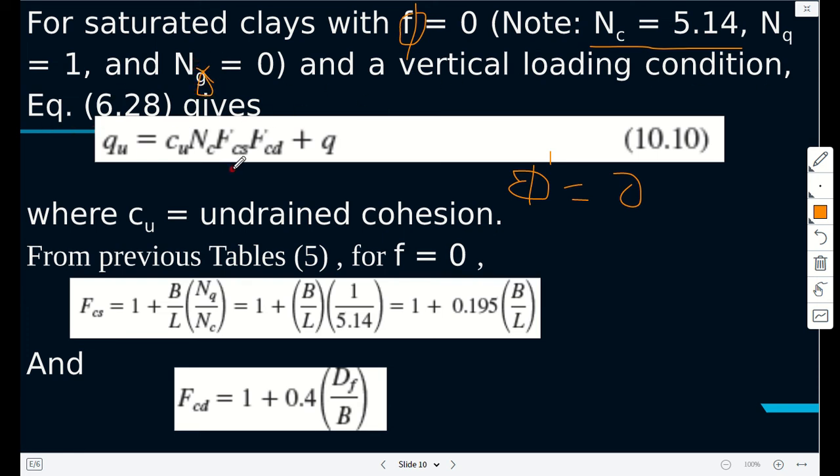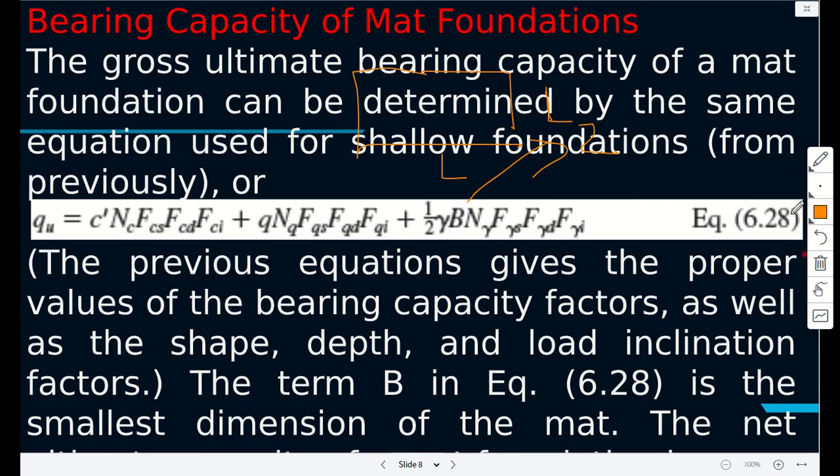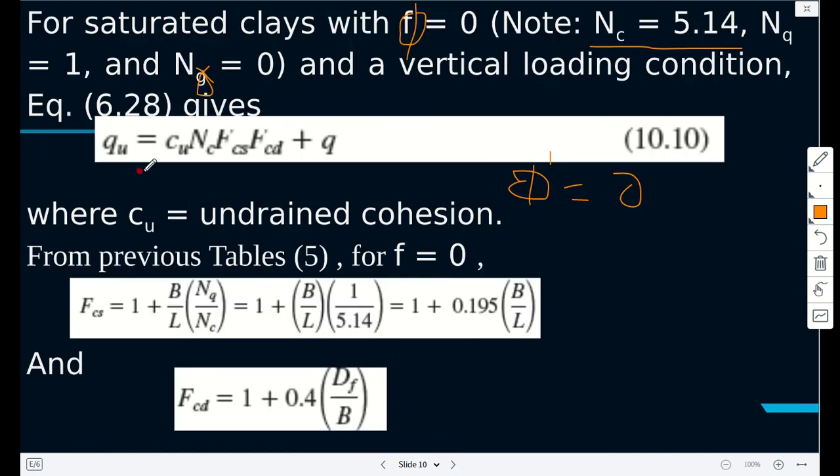So in equation 6.28, Nc here is 5.14, q is 1, and gamma is 0. So you substitute in that equation. Once you do that, this is what you get. This is your ultimate bearing capacity.